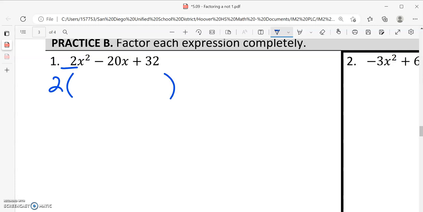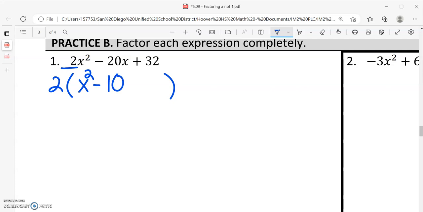So 2 times what is 2x squared? It's just x squared, or 1x squared. We're missing an x squared. All right? Now 2 times what is negative 20x?